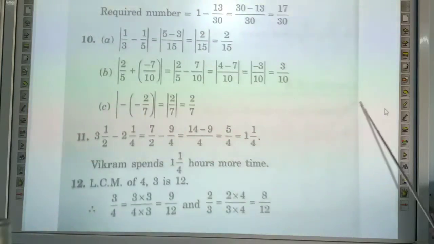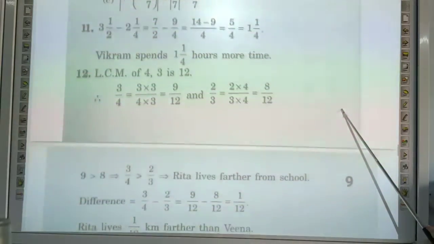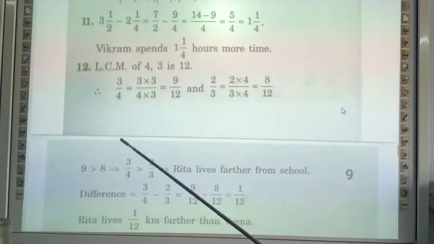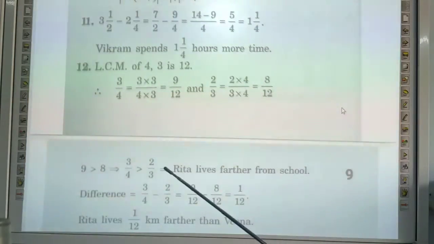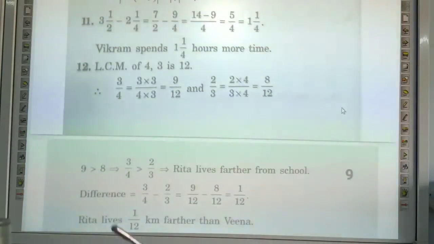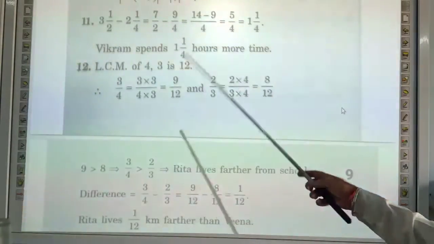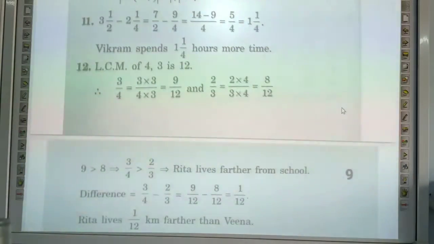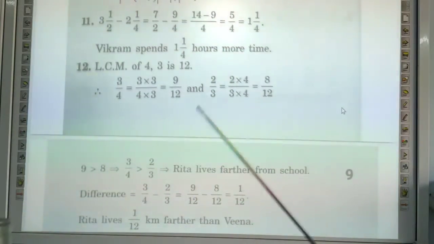I'm moving to question number 11. We have to subtract the mixed fractions, the timing spent by Vikram and the timing spent by her sister, and we have to find how much more time was spent by Vikram than her sister. Vikram spent 3 1 upon 2 hours and her sister spent 2 1 upon 4 hours.